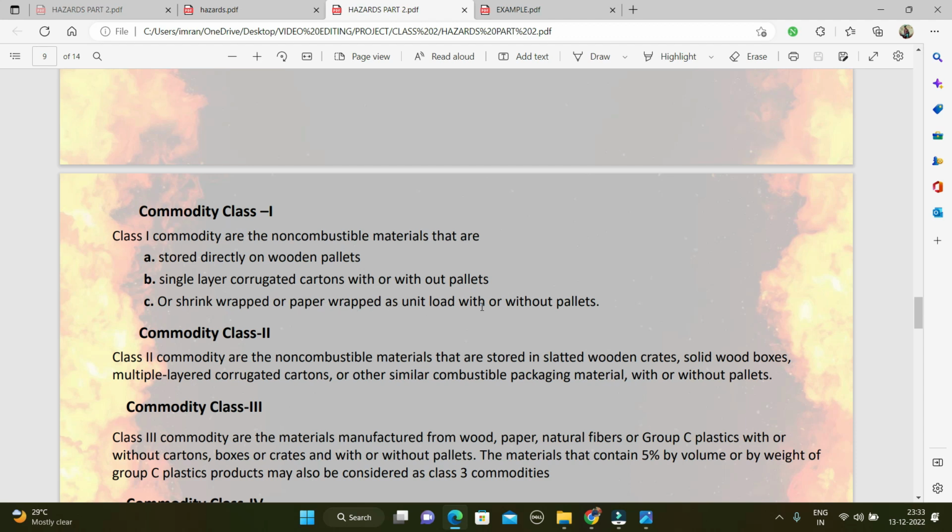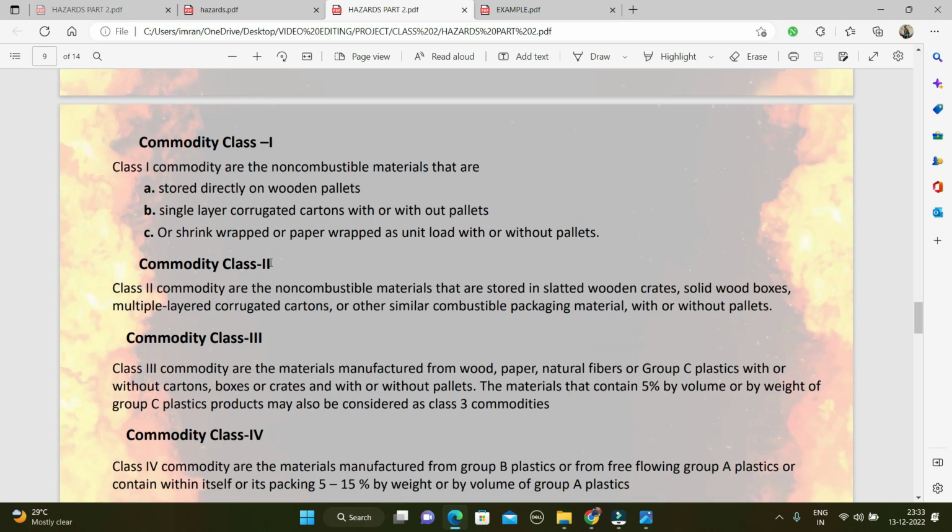Or shrink wrap or paper wrap as a unit load with or without pallets. Any type of wrap paper we can consider as commodity class 1. And if we are going to design for that type of materials, then we will consider it as commodity class 1.